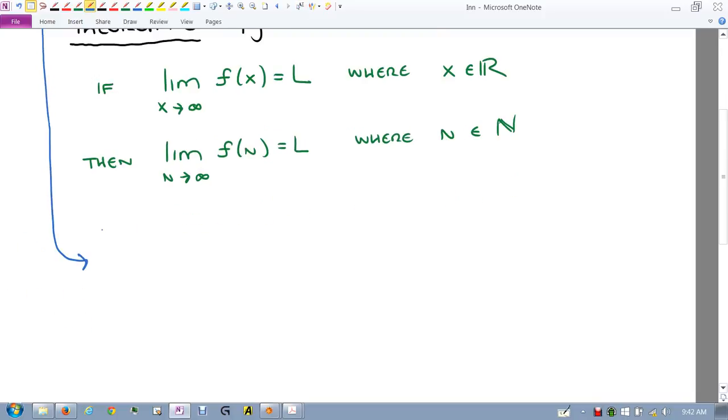What I'm going to do is convert it first. Let f of x equal natural log x over x.